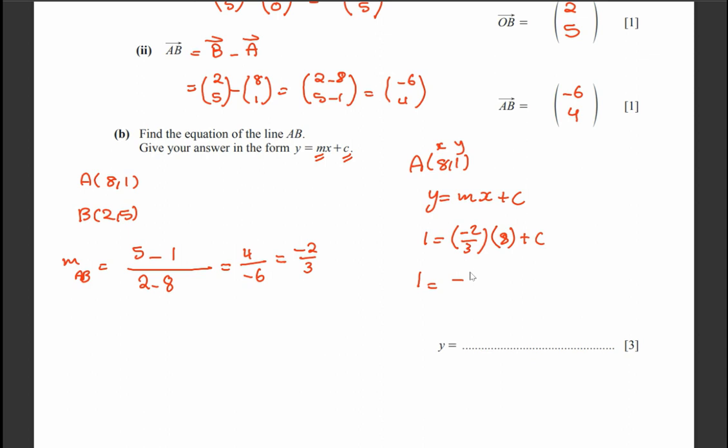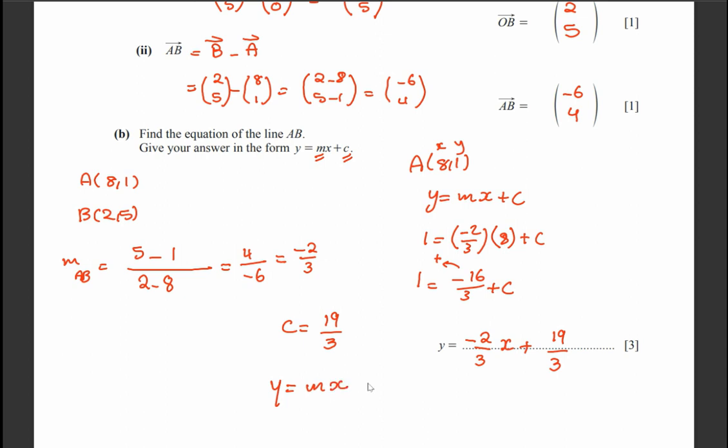Then 1 equals, multiply this together, negative 16 over 3 plus c. Send it to the other side by positive. So c equals 19 over 3, and then put it in the equation mx plus c. So m will be negative 2 over 3, x plus c, which is 19 over 3.